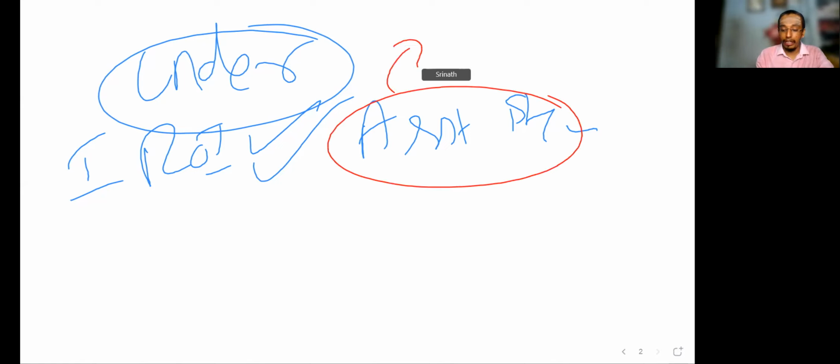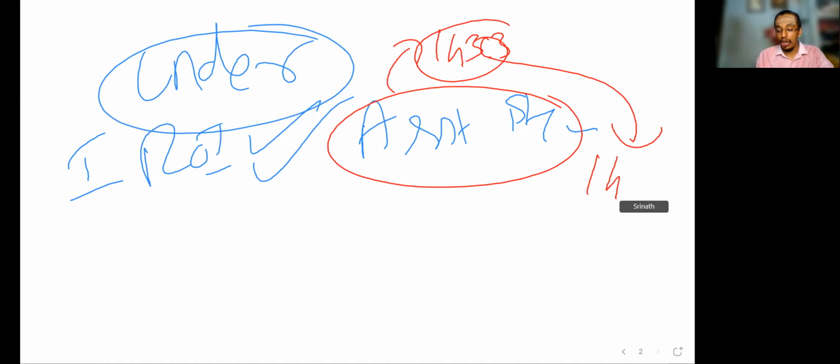This assessment can be 143(3) or it can also be 147 assessment, but it is made for the first time. Recollect our discussion, friends, you can have 147 also as the first-time assessment.